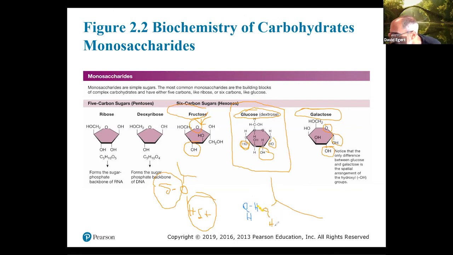I'm trying to draw it with little dots. It's not actually making a formal covalent bond, but it's attracted. The more positive part of the water is going to be attracted to that more negative part of the hydroxyl, for instance. So I really want you to start getting this intuition that a polar molecule is going to be attracted to different polar parts of water molecules, and that's why it's dissolving.